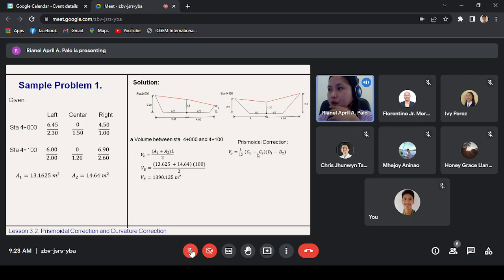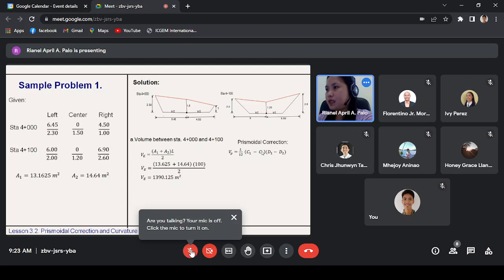Then we proceed to the computation using the prismoidal correction. We have this formula. L is the distance between two stations, which equals 100. C1 is the vertical distance at the center. For station 4 plus 00, we have 1.5. Then for the second station, station 4 plus 100, our vertical distance is 1.2. We just substitute these in the formula.